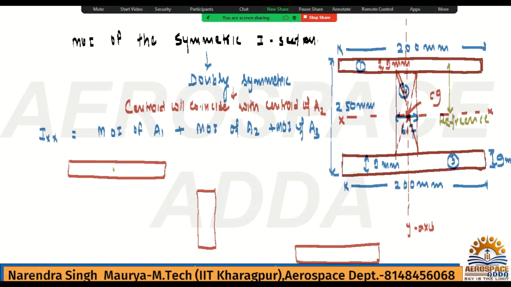Which one is centroidal? The centroid of this system. So x bar you can take as 0, but what will be the y bar? This is box 1.